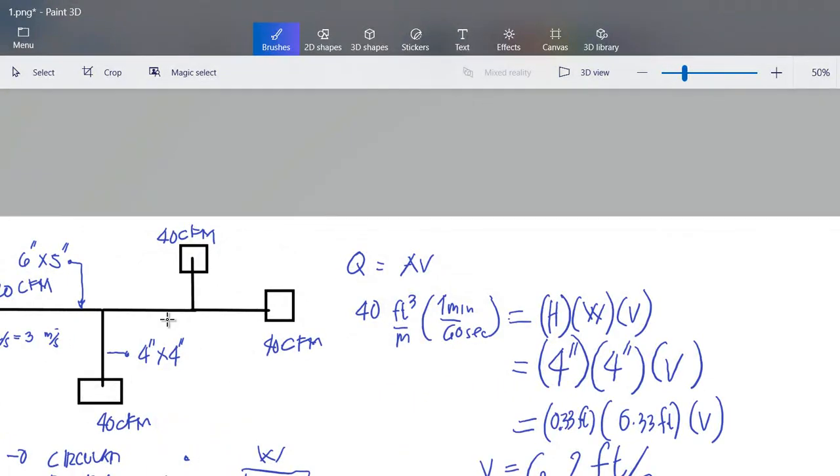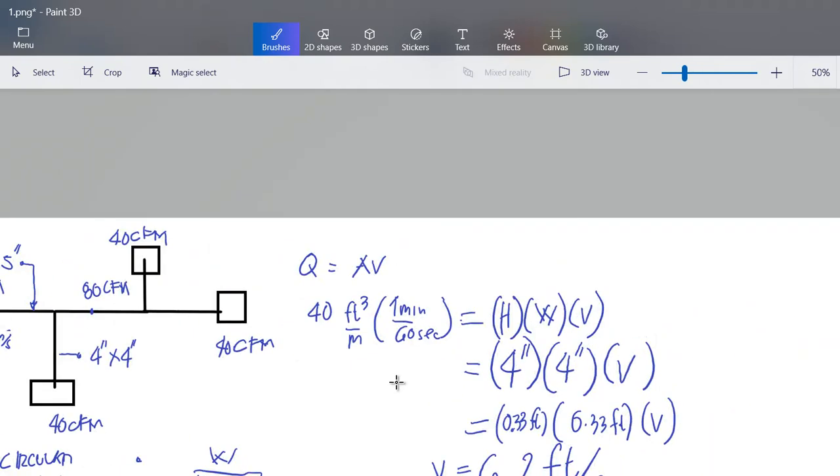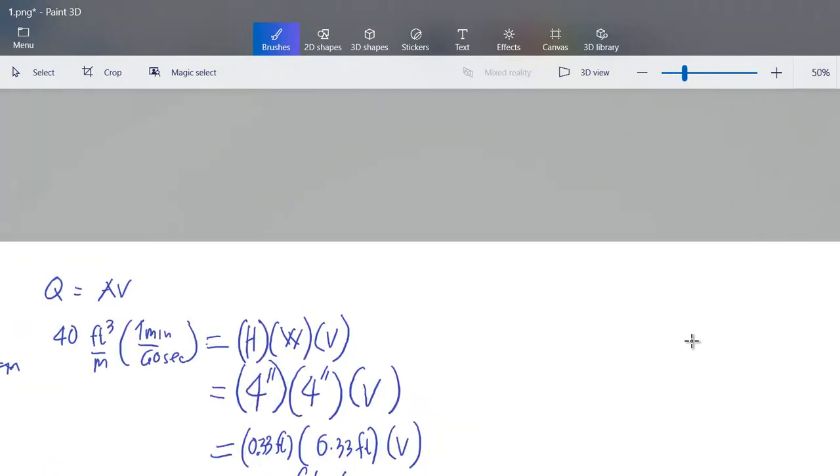So we shall test what the sizes will be. From here we have the CFM, since this is 40, the 120 is reduced, so this becomes 80. So from here you have 80 CFM. Now from 80 CFM, we'll compute the size of our duct.